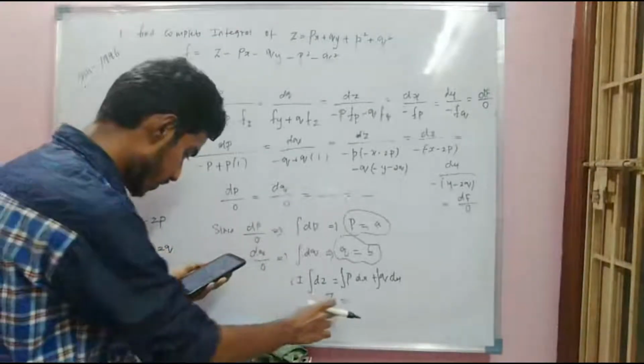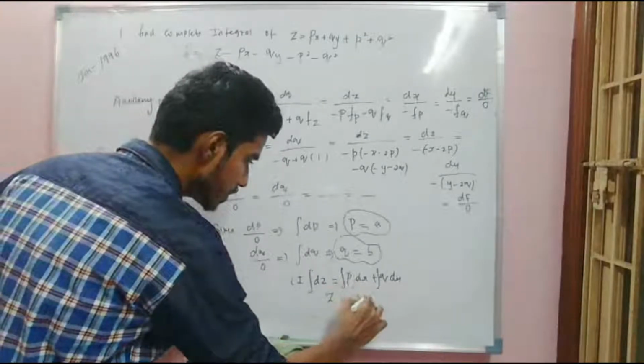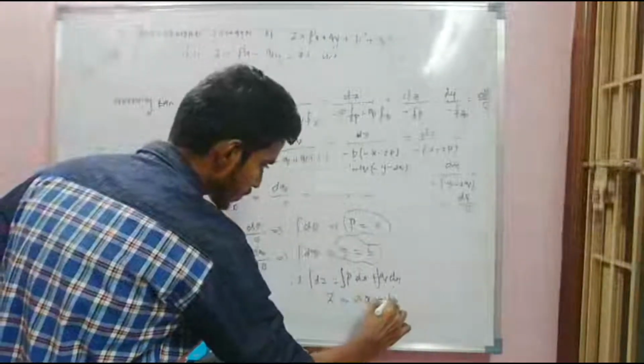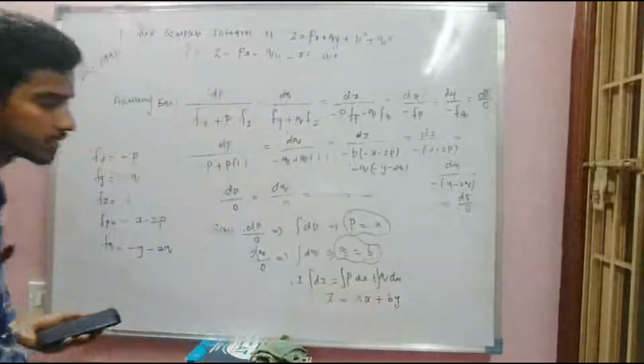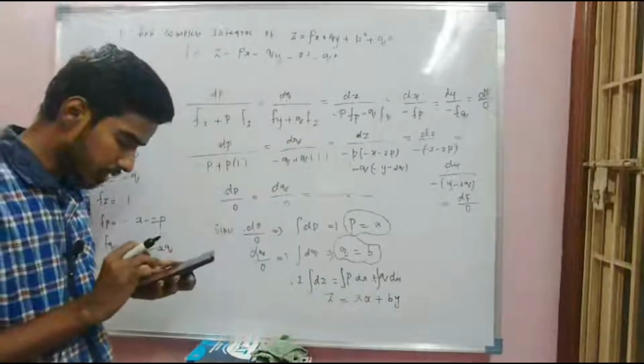So this will be ax plus by. Z is equal to ax plus by. This is our complete integral, right? That's it.